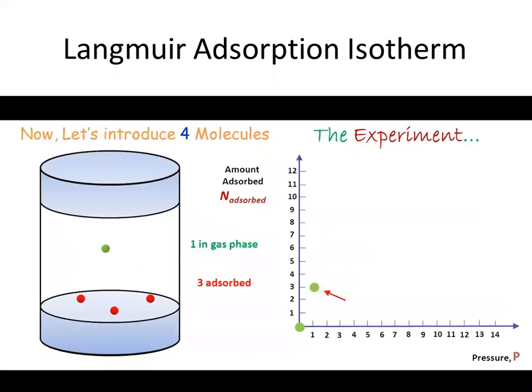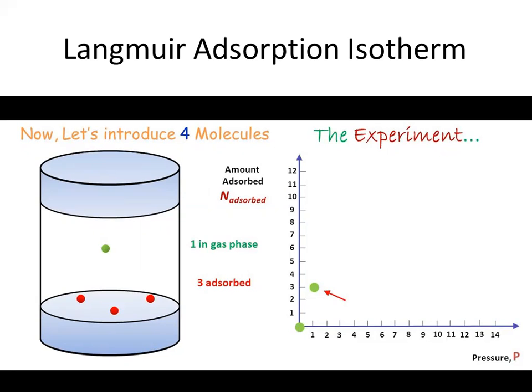So what is happening next? Let's suppose with the 4 molecules, now 3 molecules are adsorbed and 1 molecule is in the gas phase. So there is the equilibrium. Between 3 and 1, 3 are now adsorbed and 1 is left, and equilibrium is established. This is the point indicated here.